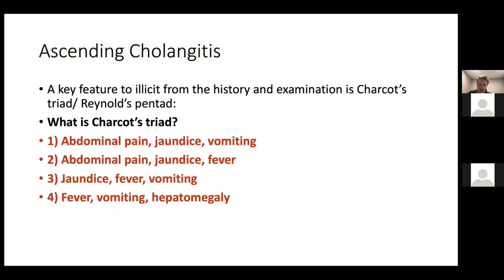So key features to elicit from a patient with ascending cholangitis is something called Charcot's triad. So try and think which one of these is the correct option. So what is Charcot's triad?